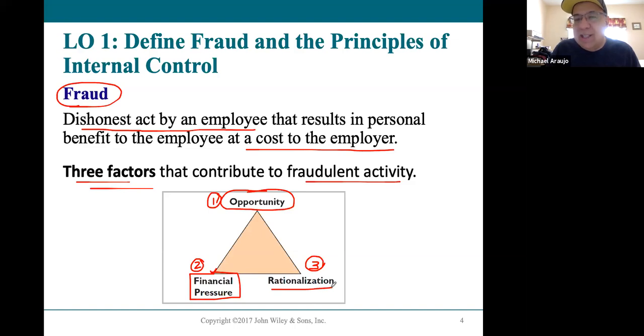Rationalization, in essence, is convincing ourselves that because we have the opportunity to handle cash, because we're under some financial pressure, because we live in a difficult world with a lot of different things, then somehow we can rationalize that it's okay, right? So some people will say, oh, well, it's only $100 and this is a multi-billion-dollar corporation.